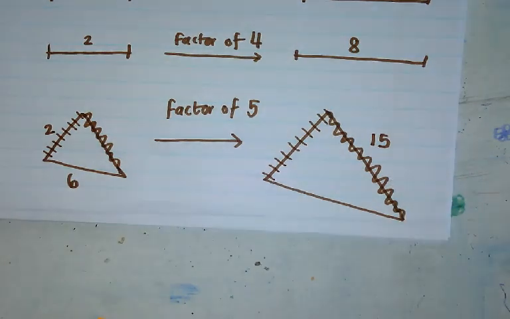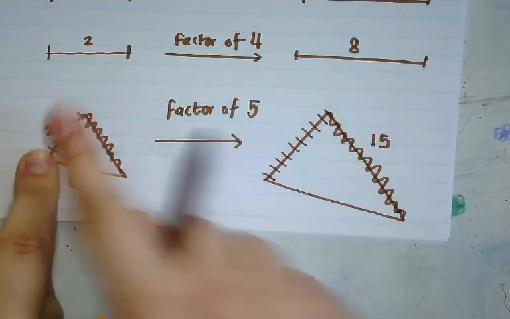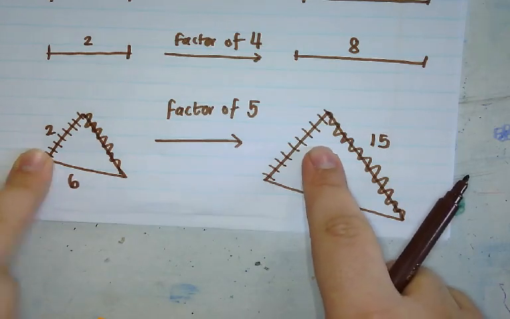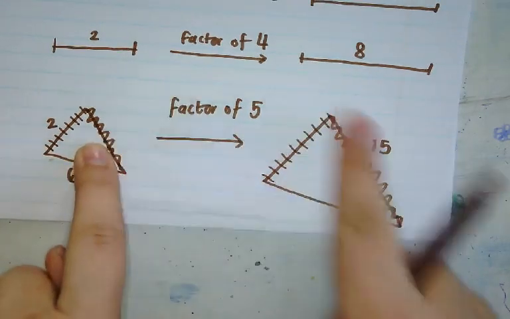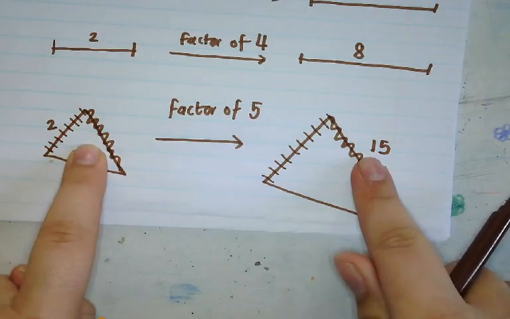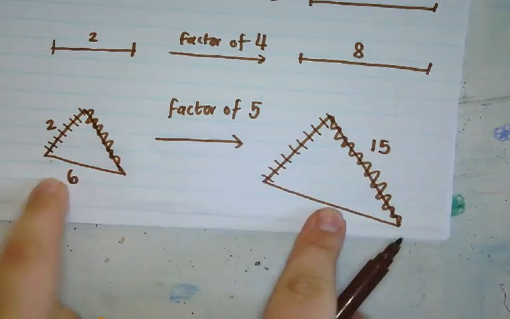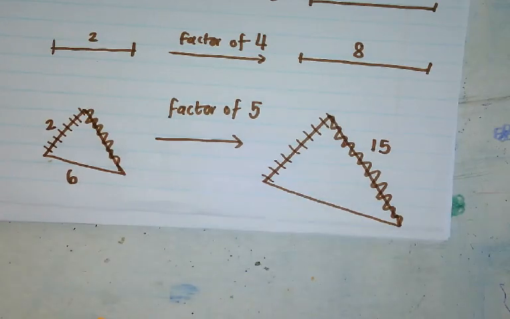So if I have a factor of 5, that means that this one to that one increases by times 5. That line increases to that line by times 5. And this 6 will increase to that line by times 5. So each of those sides have the same factor of 5.